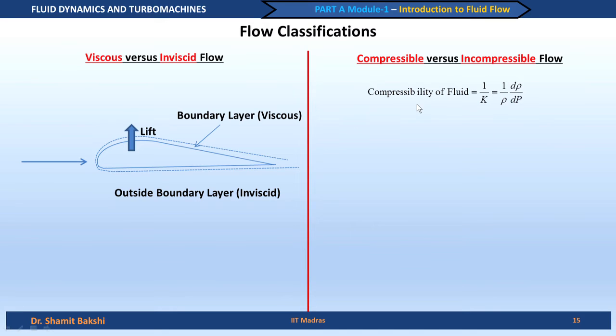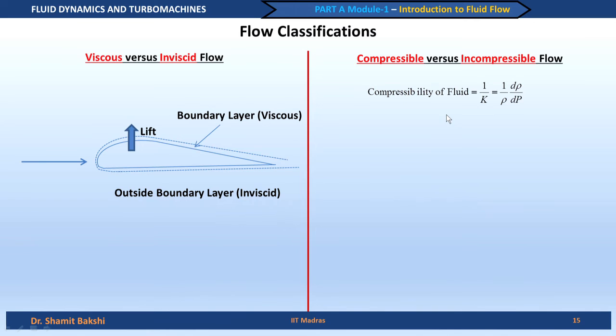Now, if you look at this expression for compressibility, we had also introduced during the previous lectures that if you take air as a fluid, it has a very low value of bulk modulus, and that is why it is highly compressible, whereas water has a higher value of bulk modulus, so its compressibility is less. But that does not mean that whenever we consider air, we have to consider the flow to be compressible. The flow can still be incompressible, but the fluid can be compressible.